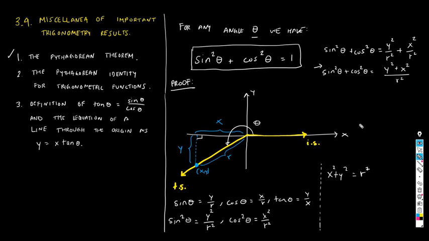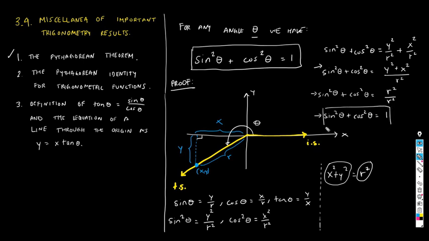So basically, this is equal to r squared, and I can substitute in here. Sine squared of theta plus cosine squared of theta is equal to r squared over r squared, and that's it. We have completed the proof. Equals 1. There you go.